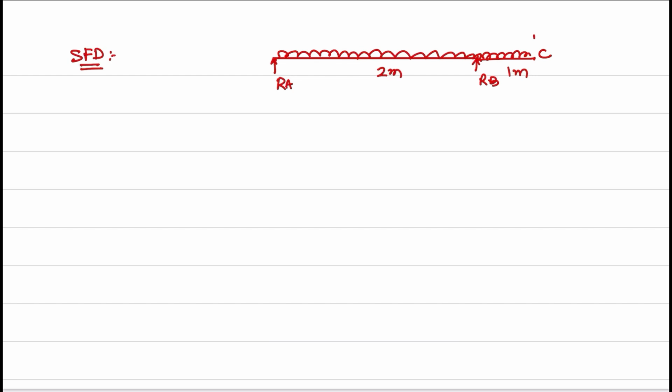As far as sigma Fy is equal to 0, that says vertical downward loading is equal to the upward loading, upward reaction forces rather. This is 1 kilonewton per meter. The downward load is 1 into 2 plus 1.